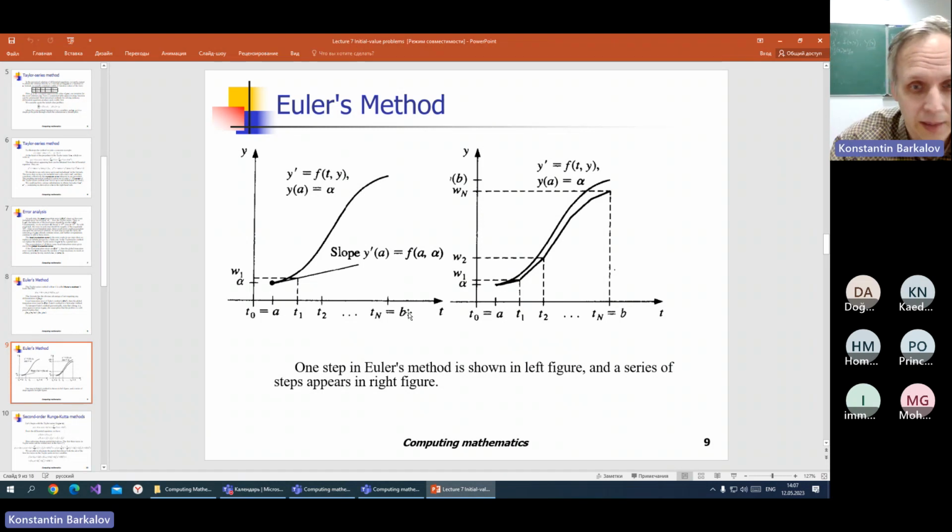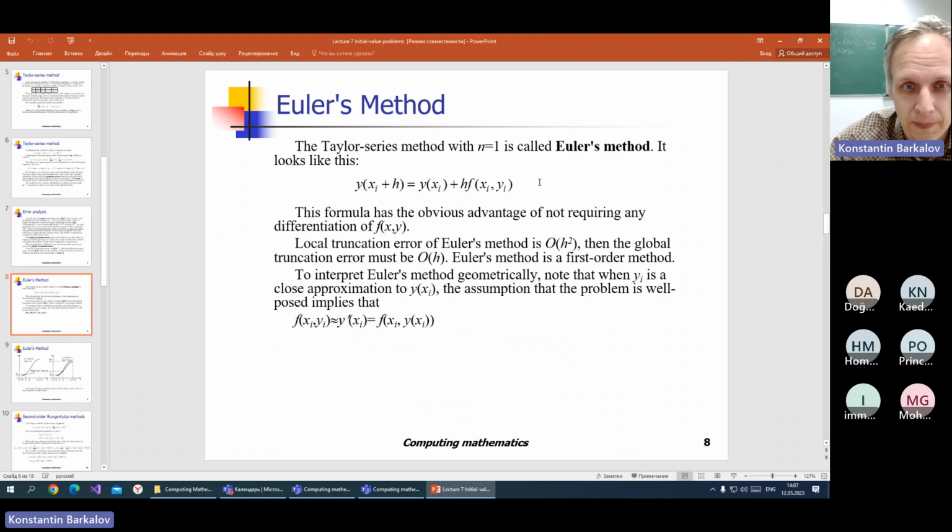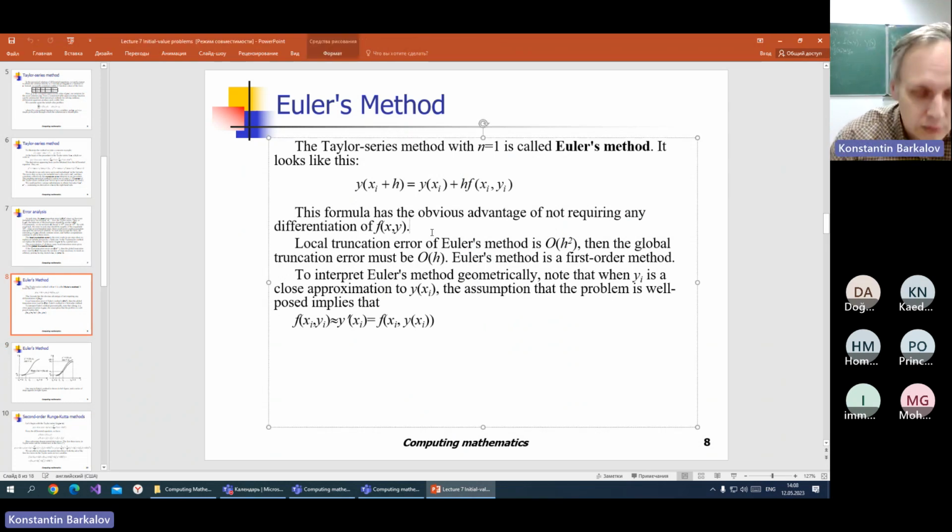Okay, let me come back to this formula, the formula of Euler method. And now let's try to apply it to understand how it works.